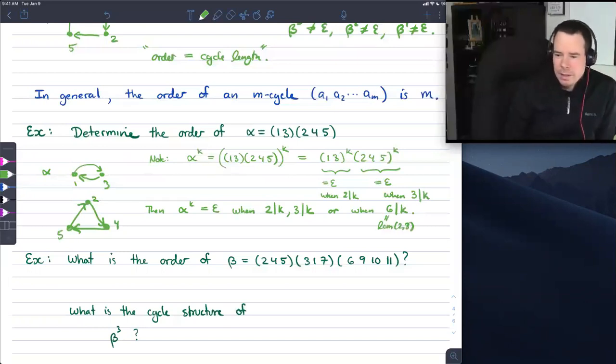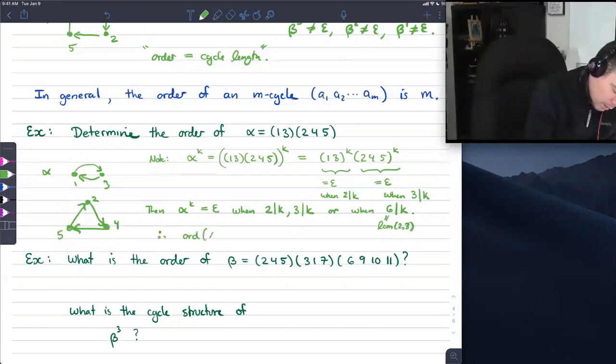So the power that kills alpha is the least common multiple of the 2 powers that kill the 2 cycles. So what's the smallest power that kills alpha? We've got that a power k kills alpha when it's divisible by 6. So the smallest one has to be 6 because that's the smallest number divisible by 6. So therefore, the order of alpha is equal to 6.